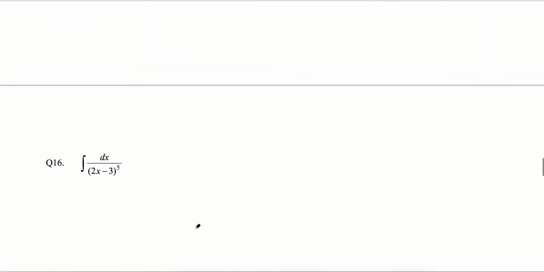16th one. Again, same kind of question. What we will think? Whenever you see a linear expression, x is not there; in place of x, ax plus b is there. So go the reverse way. First assume this total value is the x. So what is the question? Your question is dx by x power 5, which I can write x power minus 5 dx.